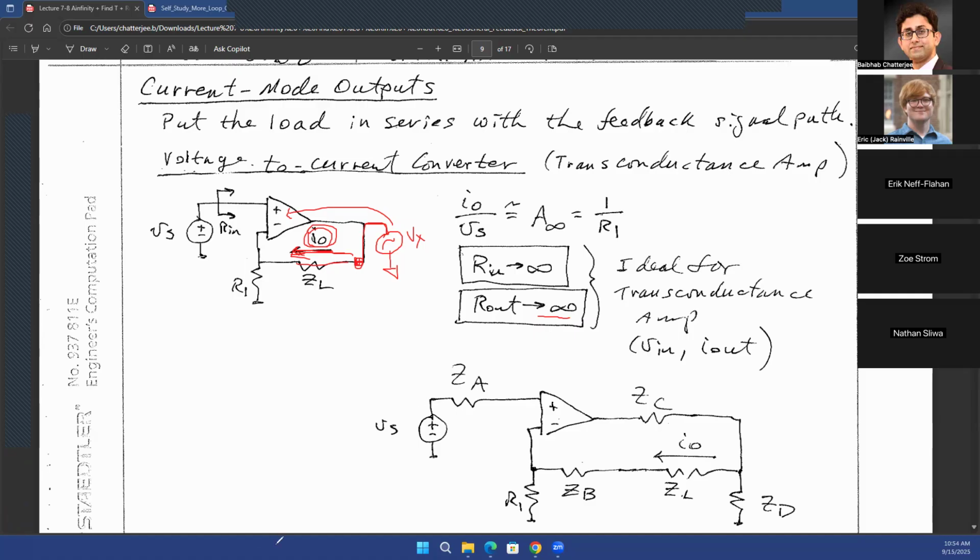Or no. So for example, let's say you want to find your resistance at a particular node A, or any node X in the circuit. You have to put your test voltage source at that particular node, right? For example, here you are interested in the output impedance, given that your output is the current flowing through ZL. So you will connect your Vx test voltage source at that output point.